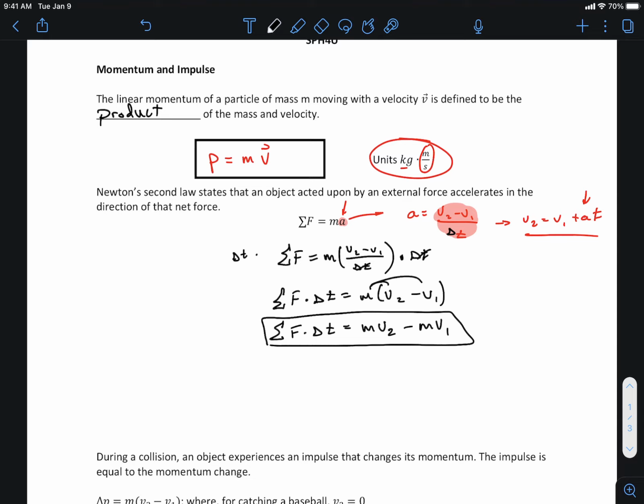We already knew up here that momentum was equal to the mass times the velocity, so we could make that substitution. The sum of the forces multiplied by the change in time, we don't really know what this is yet; we're going to learn about that in a minute. Well, it's the final momentum, so p2 minus p1.